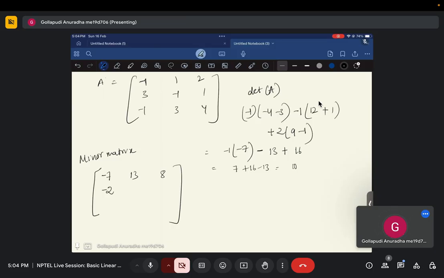So minus 2, and again minus 2, and then here 1 plus 2 will be 3, minus 1 minus 6 will be minus 7, and 3 will be minus 2. So this is the minor matrix.